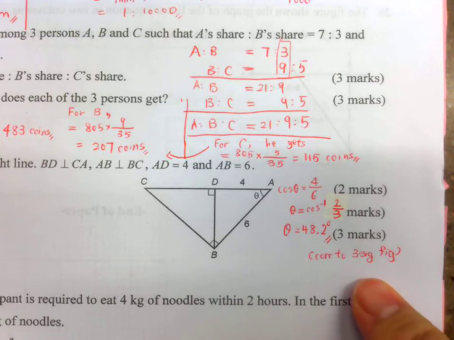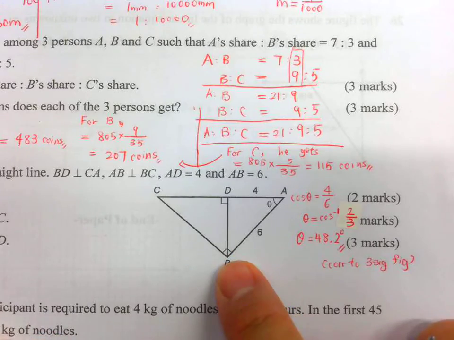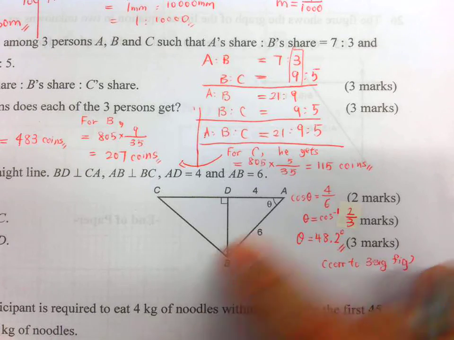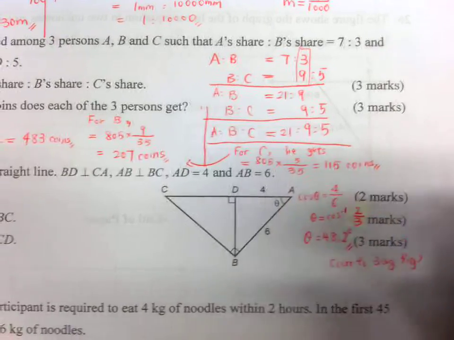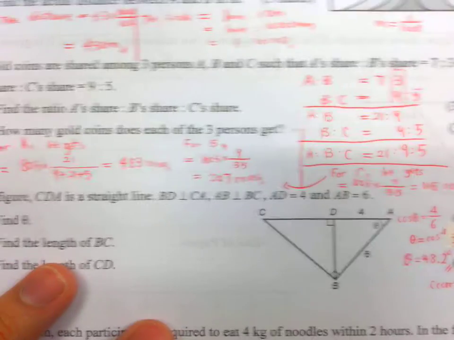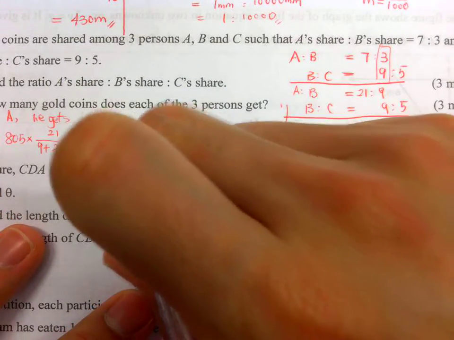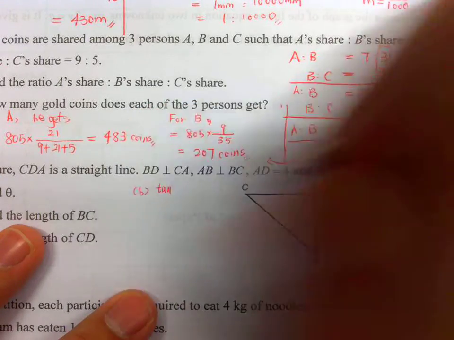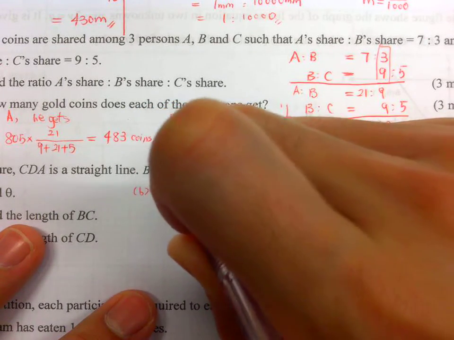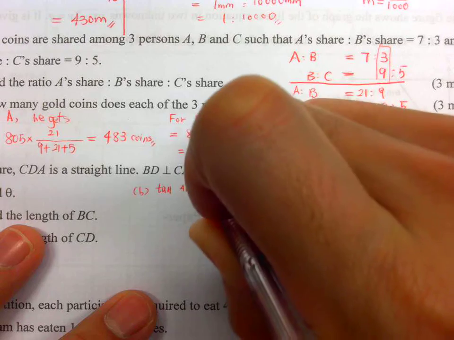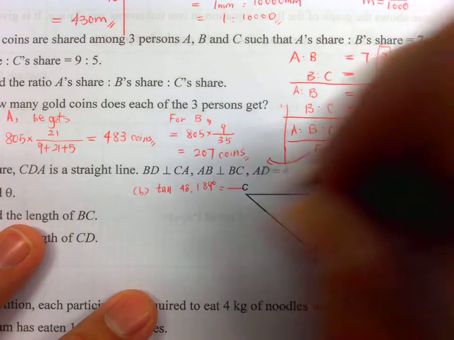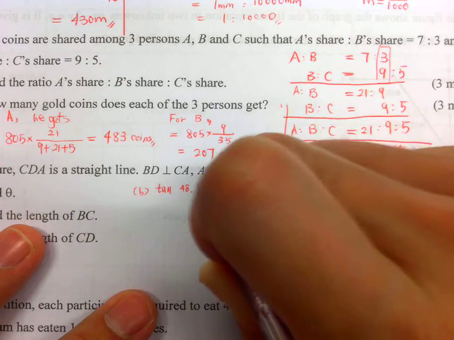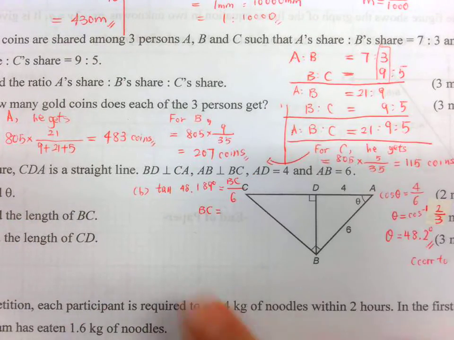Okay. And then you're going to find out the length of BC. So there will be the right angle, and you have this side and this angle. Therefore, you can just use tangent. Therefore, if you consider tangent of 48.189 equals BC over 6, so you can find out BC.